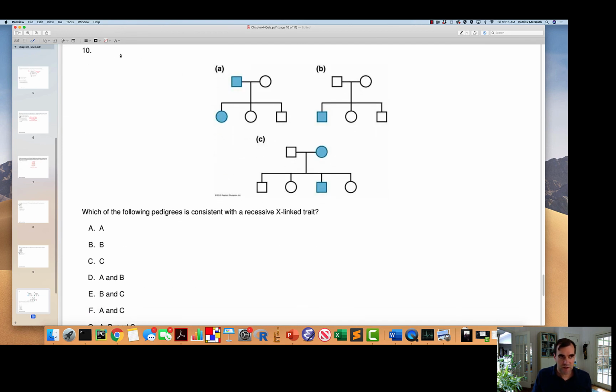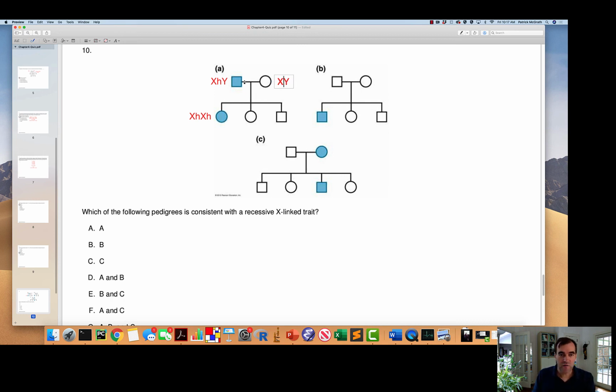Which of the following is consistent with a recessive X-linked trait? So now we can start to fill in what we know about these individuals. This is a female, so if she has the trait, she must be this, and this individual must be this, and this individual must be this.